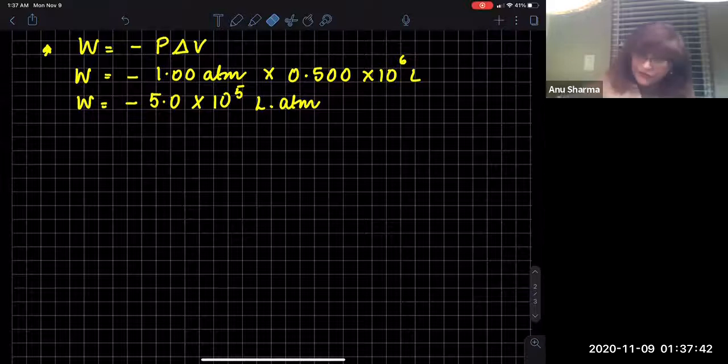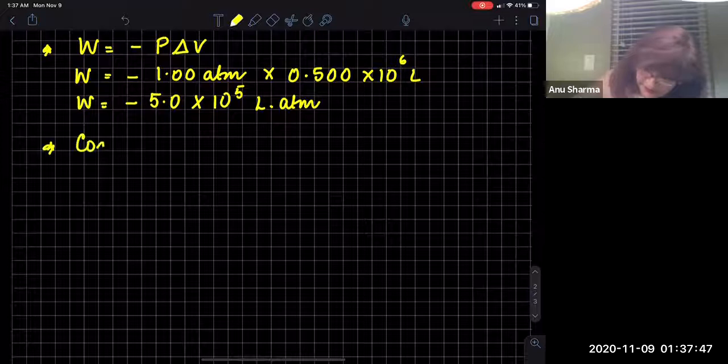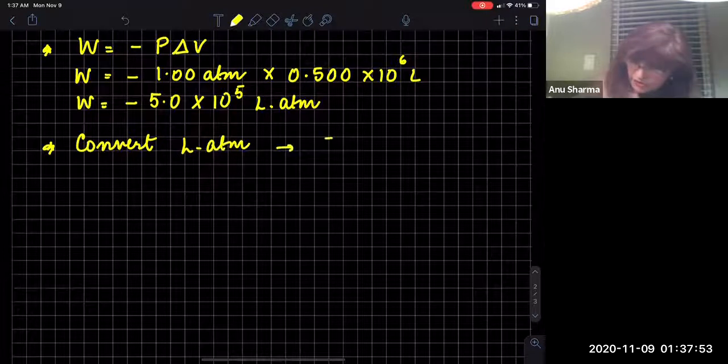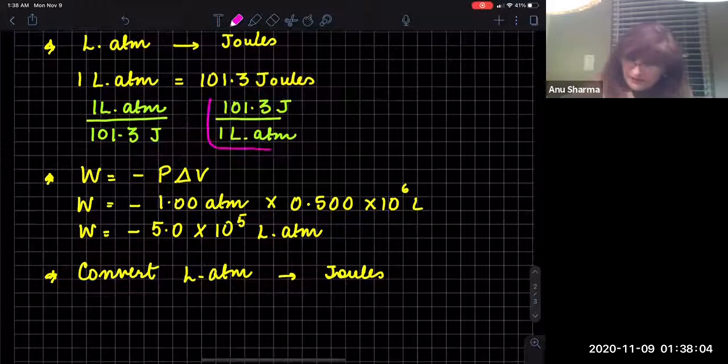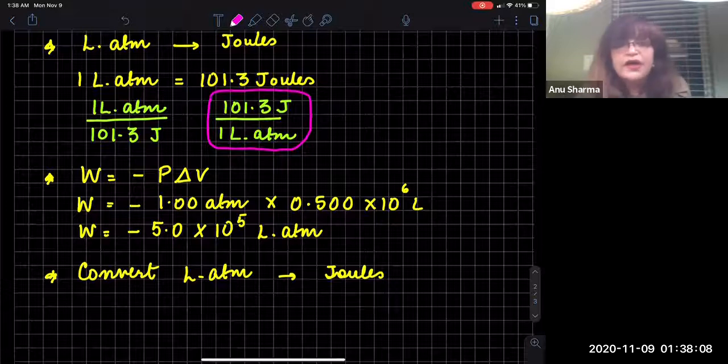Next, we are going to convert liters dot atmosphere to joules. Which of the two conversion factors are you going to use? You're going to use this one. Why? Because liter atmosphere in the denominator allows you to cancel it out.